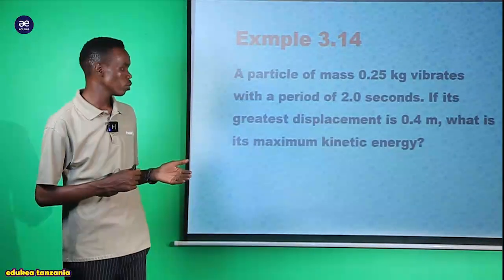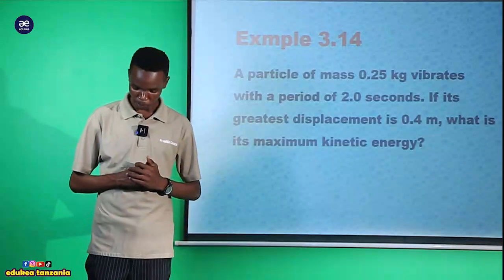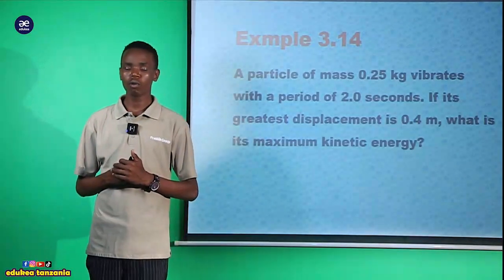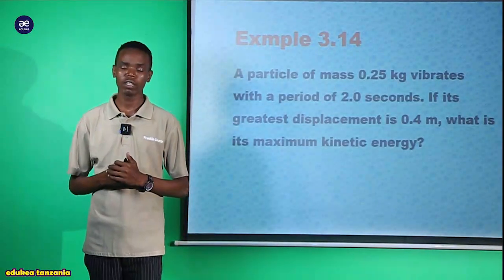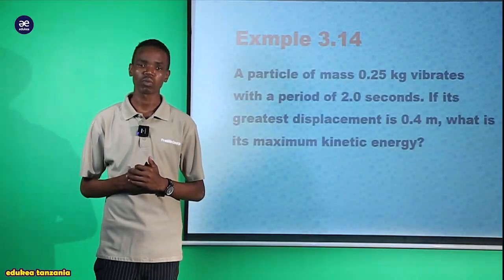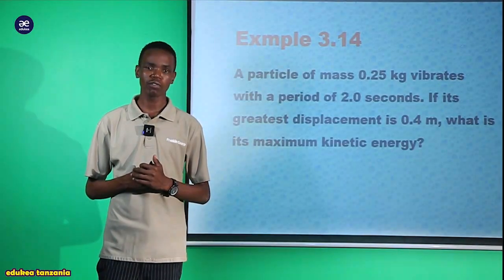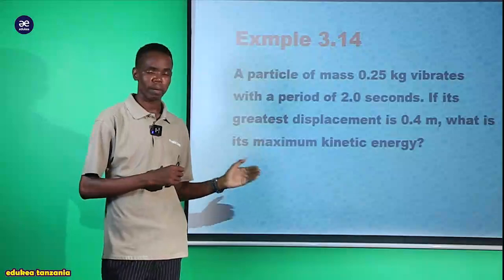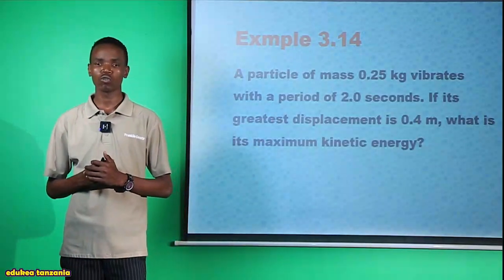Now, how can we find the maximum velocity? First of all, we are supposed to summarize the given values. We have the mass of the particle, which is equal to 0.25 kilogram.